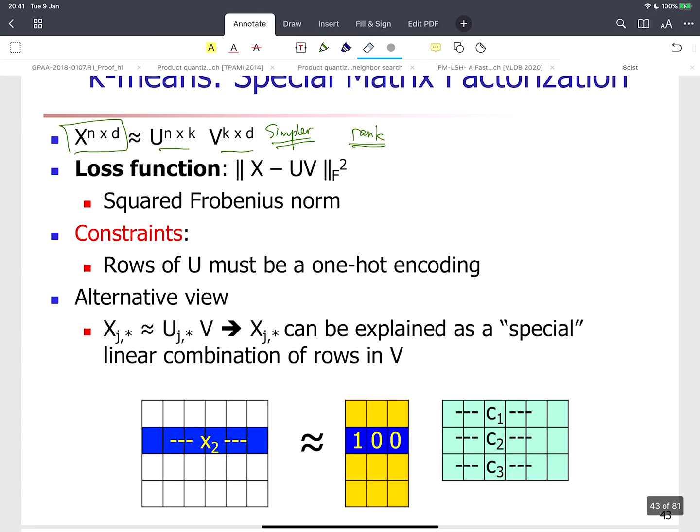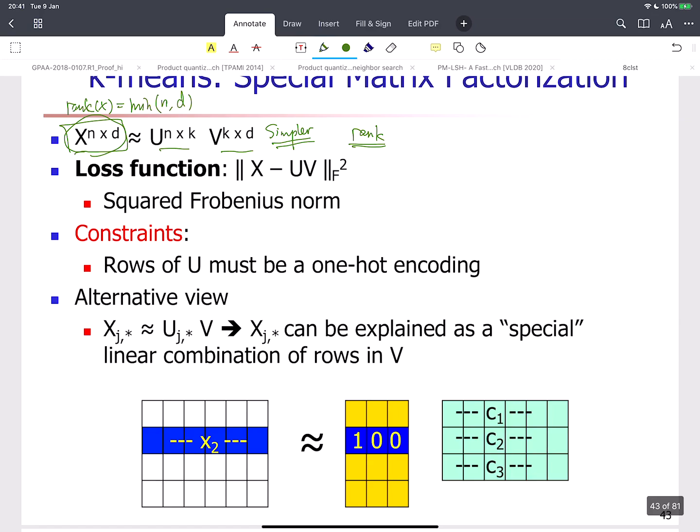So basically, rank is a good thing. If we assume all the rows and columns of X are linearly independent, the rank of X is going to be the minimum of n and d.